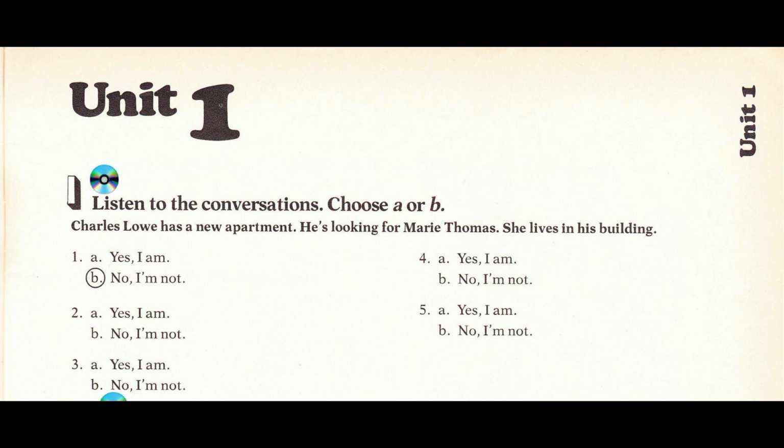Hello, are you Marie Thomas? Yes, I am. I'm Charles Lowe. 4. Hi, are you my new neighbor? Yes, I am. I live upstairs. Nice to meet you. 5. Excuse me, are you Charles Lowe? Yes, I am. Sign here, please.